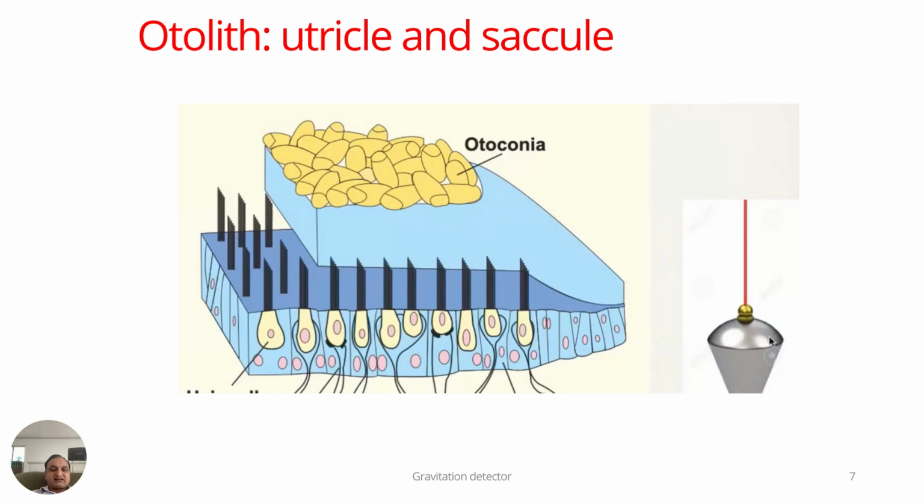Whenever there is any translational motion, the body moves, but the otoconia remain in a fixed position because of their weight. As a result, the hair cells are bent by this weight of the otoconia. Thus, the otoconia respond to the gravitational force, and thus linear motions are detected.